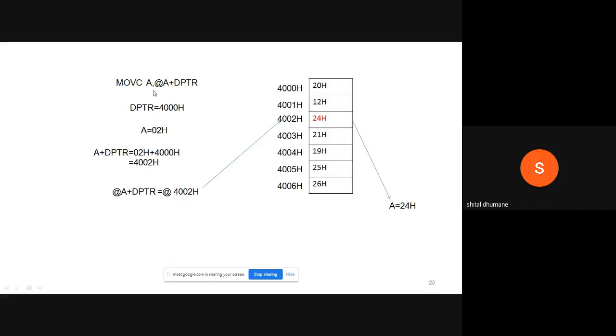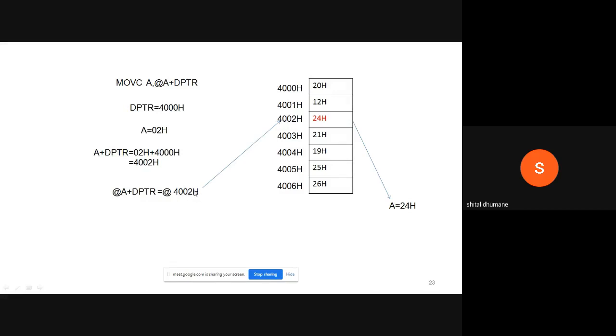What does this instruction do? First, you have to add the contents of the accumulator and DPTR. After addition, 02 plus 4000, you will get 4002H. This forms one more memory location, and @A+DPTR means the memory location 4002. The addition of the contents of the accumulator and DPTR forms the memory location 4002.